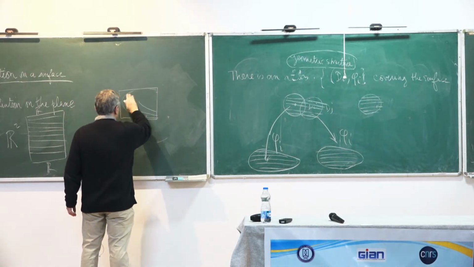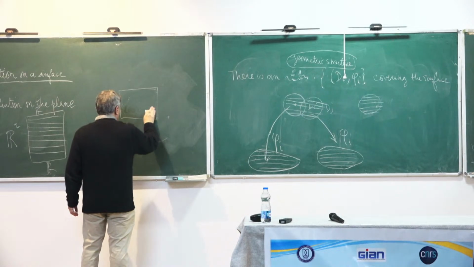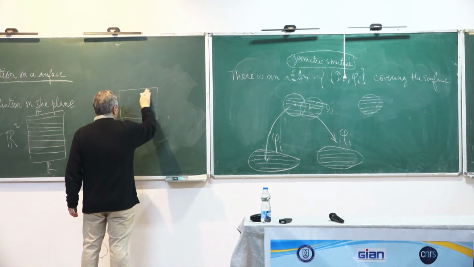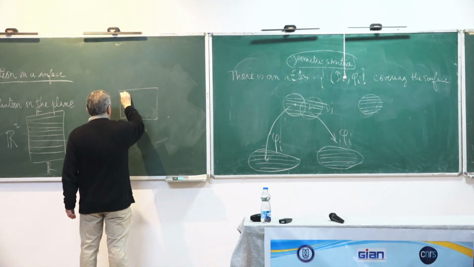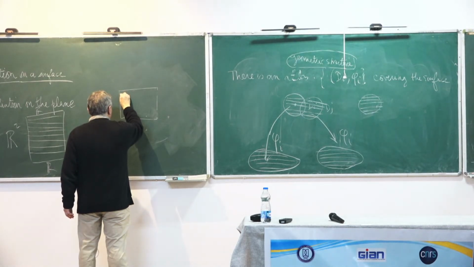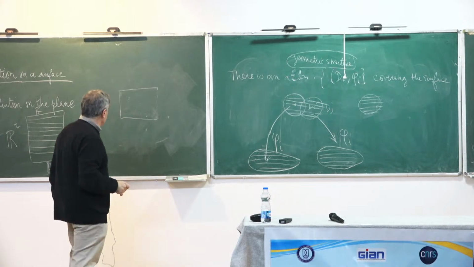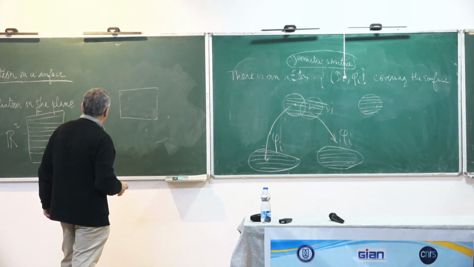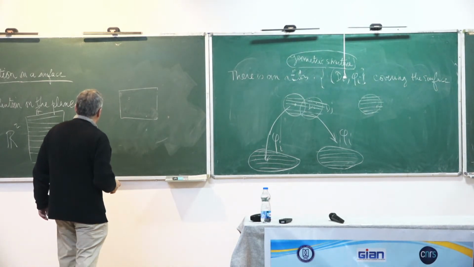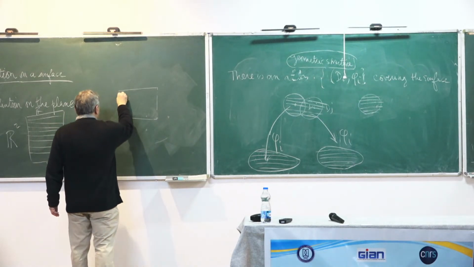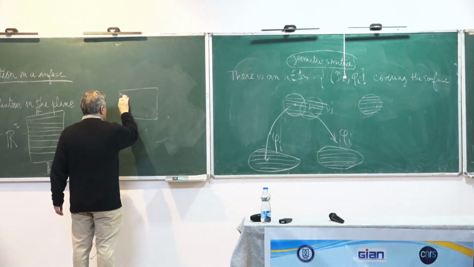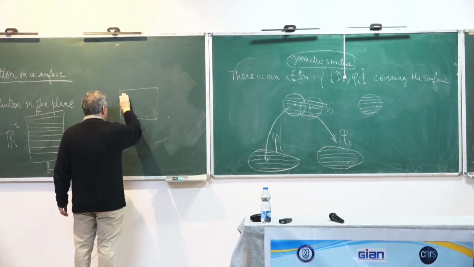Okay, let's do it another way. How will I draw this? It has been years. So you see, all the straight lines will work. No, not all the straight lines.